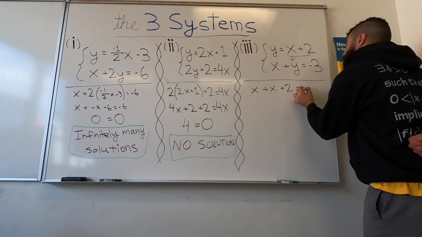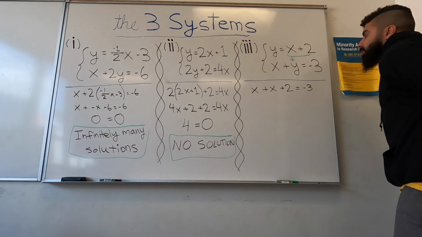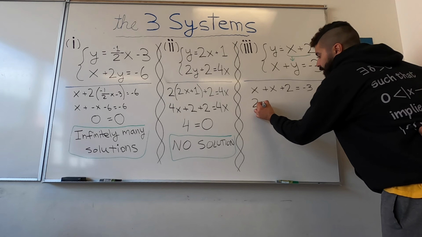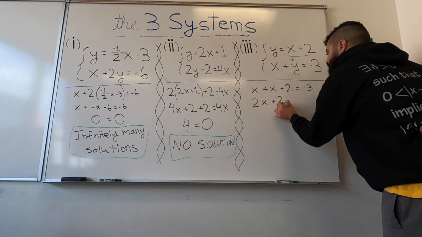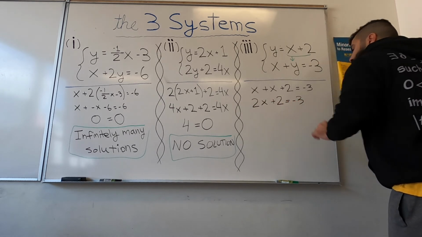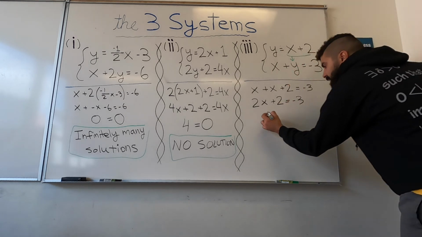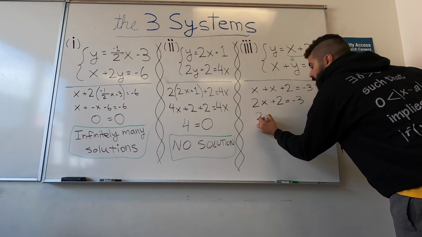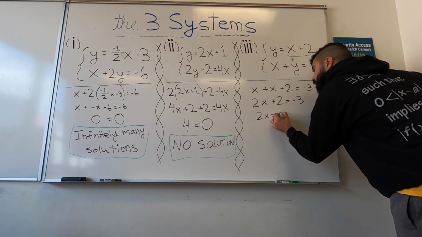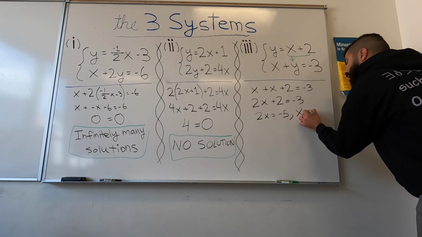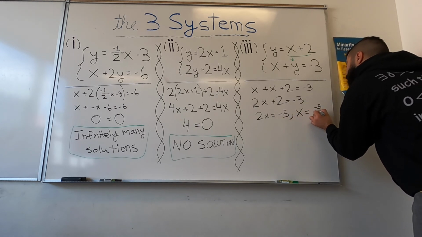So we get x plus x plus 2 equals negative 3. So we gather like terms, and just to avoid skipping steps, subtract 2 from both sides, we see that 2x equals negative 5, dividing by 2, x equals negative 5 over 2.